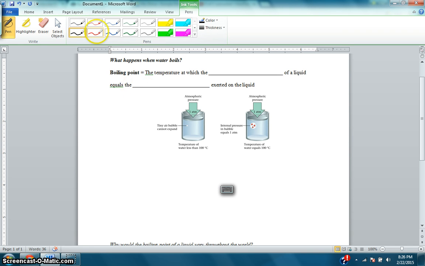All right, so the first thing we want to do is define what this word boiling point is. I know you guys have heard this in your other classes, but we really want to understand what it means in terms of the chemistry words. So the boiling point is the temperature at which the vapor pressure, which was our new word we learned from that reading, of a liquid equals the atmospheric pressure exerted on a liquid.